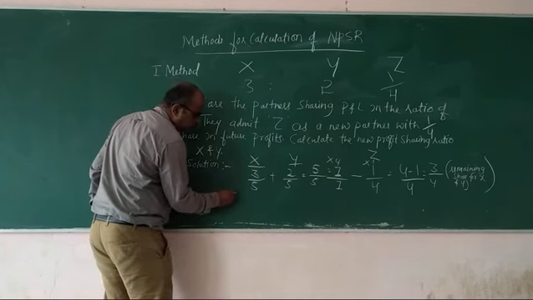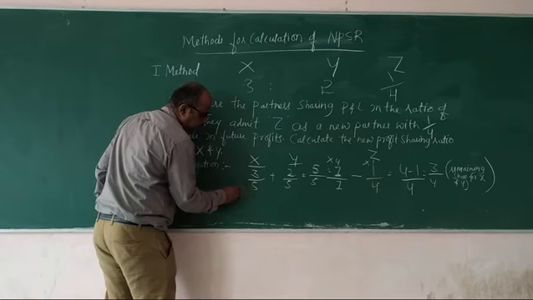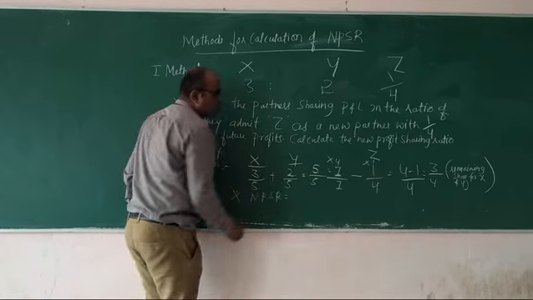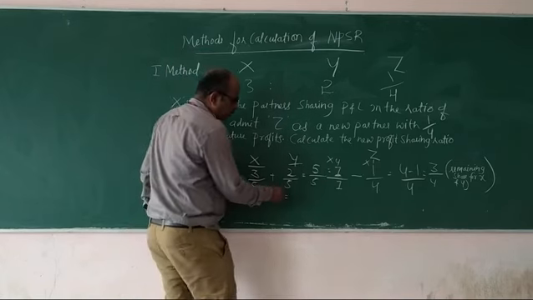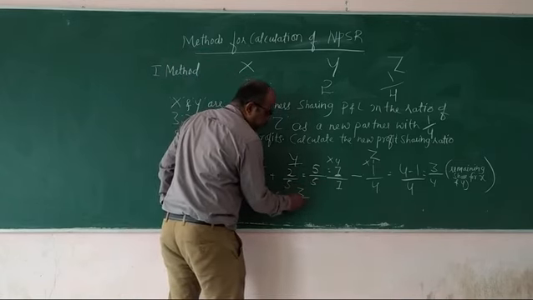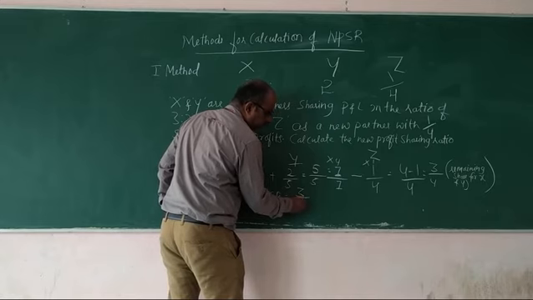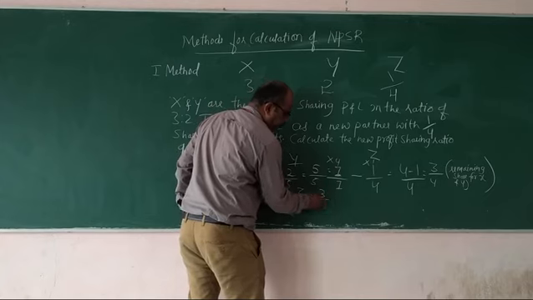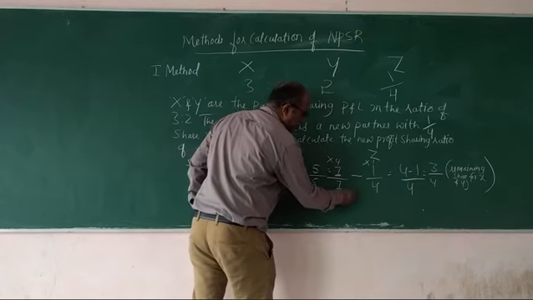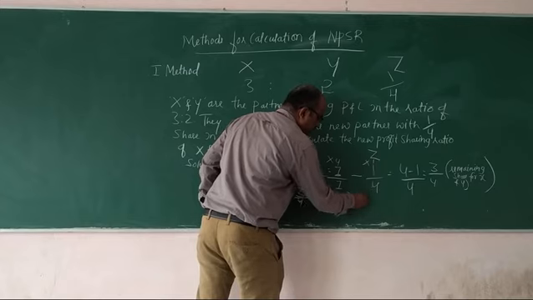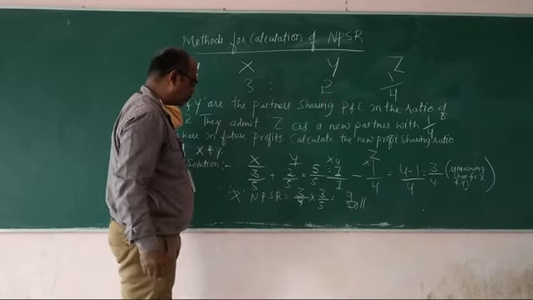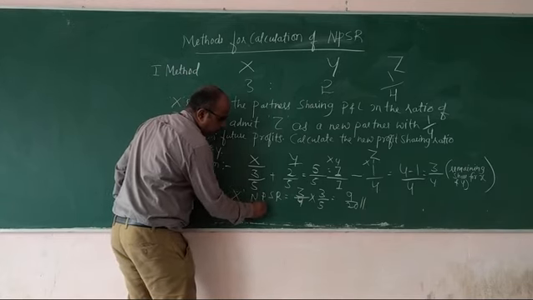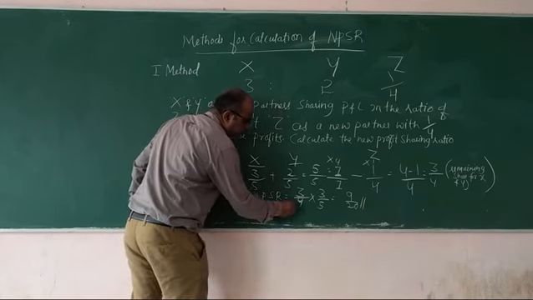Therefore, X's new profit sharing ratio equals whatever is the remaining profit, out of that he will get as per his old ratio. 3/4 is remaining into his old ratio, 3/5. So 9/20 will be his new profit sharing ratio.